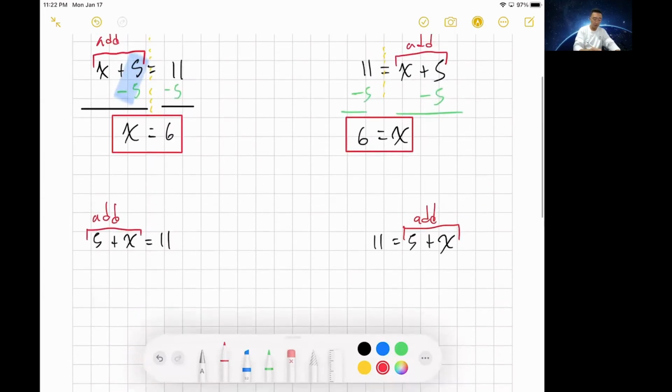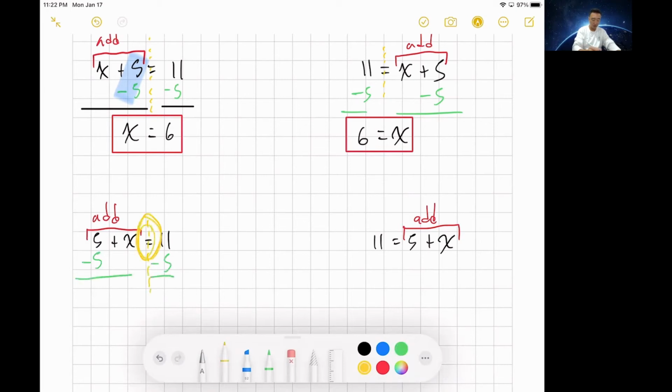Here, same thing. Even though the 5 is in the front and the x is in the back, as opposed to the x is in the front and the 5 is in the back, doesn't matter. This is still an addition relationship, 5 plus x. So since it's 5 plus x, I'm going to go ahead and subtract 5 from both sides of the equation.